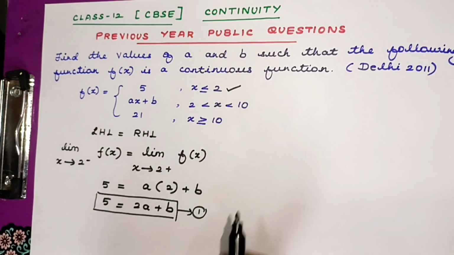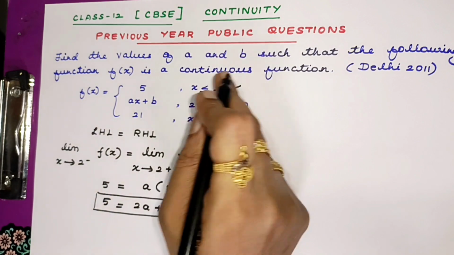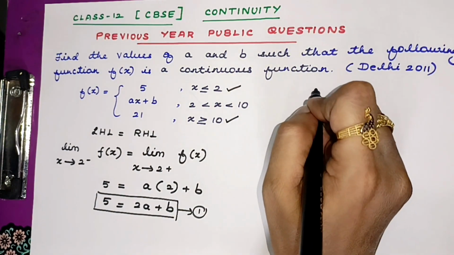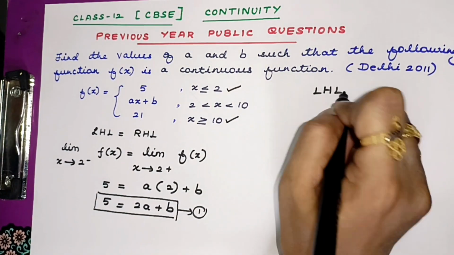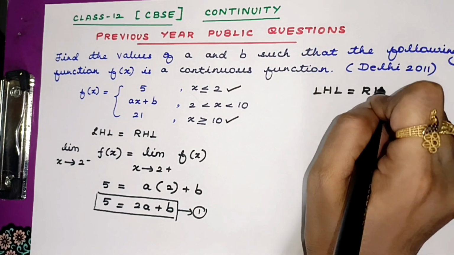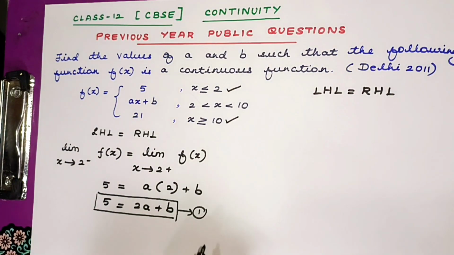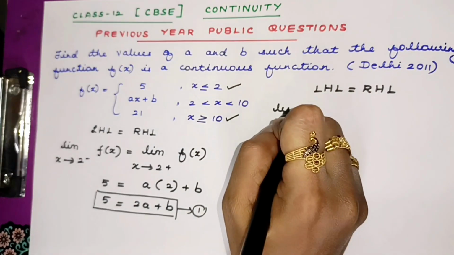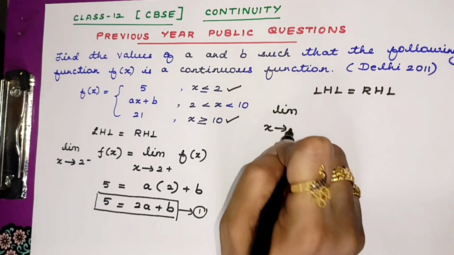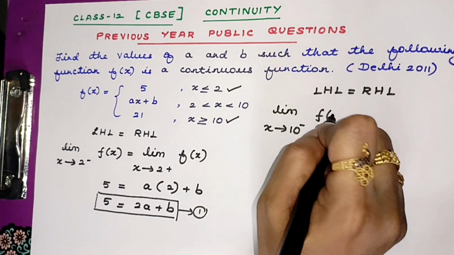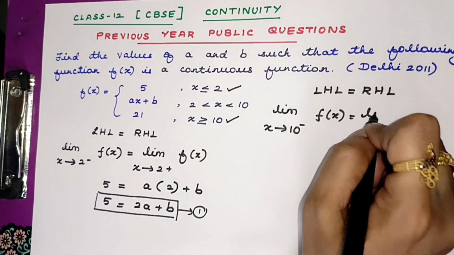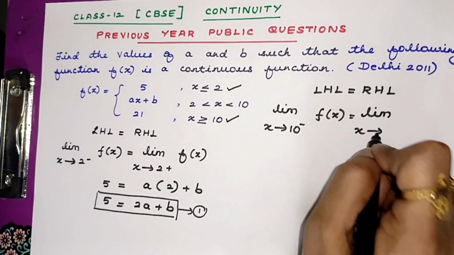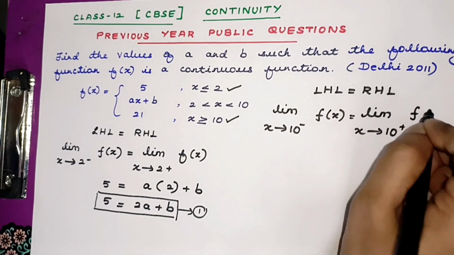Next I am going to consider the other limit. Again, for a continuous function, left hand limit equals right hand limit. So limit x tends to 10 minus f of x equals limit x tends to 10 plus f of x.